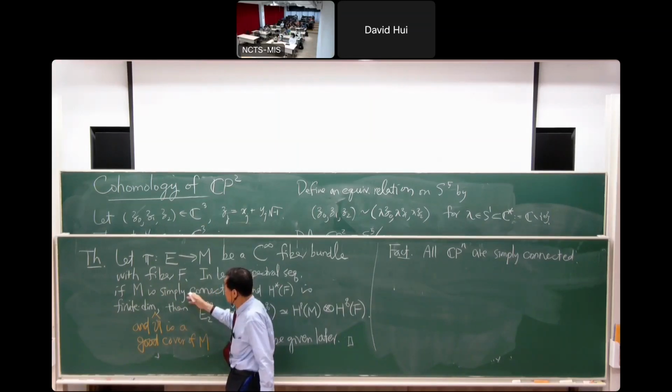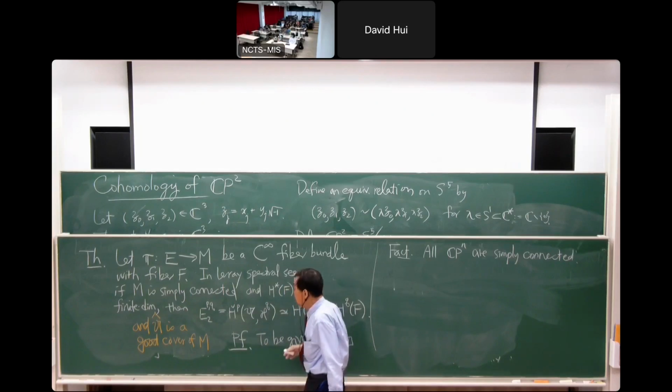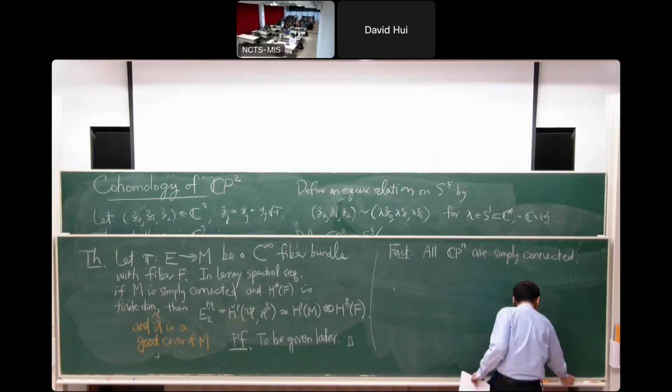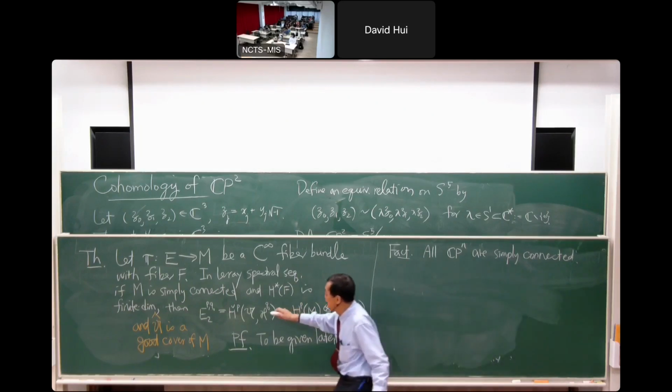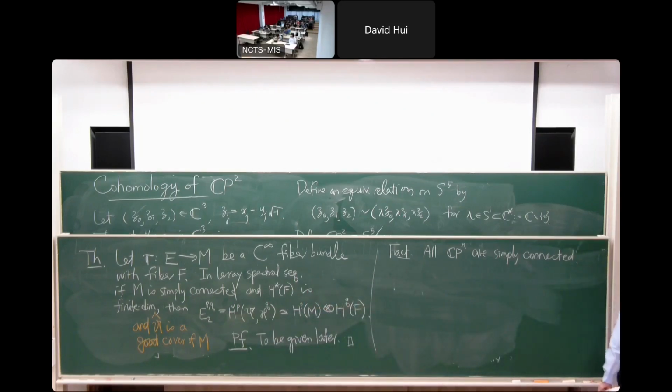Certainly M is simply connected, F is finite dimensional. And we don't really need this term, right? We only want to know what E2 is.